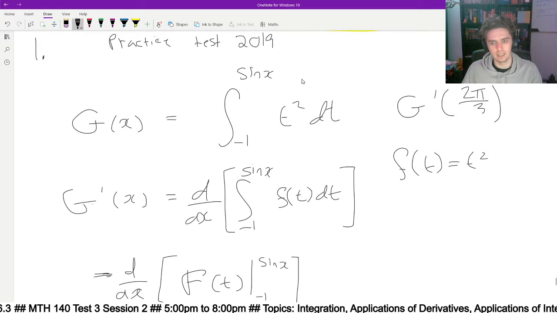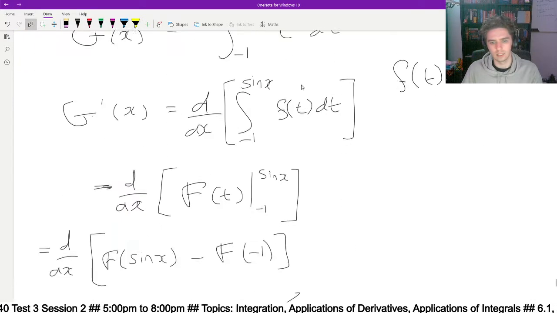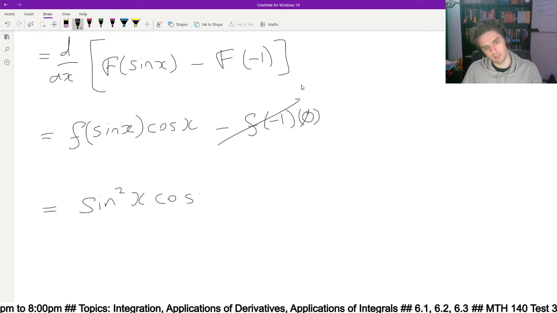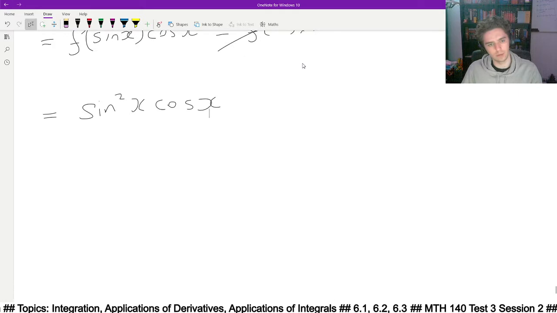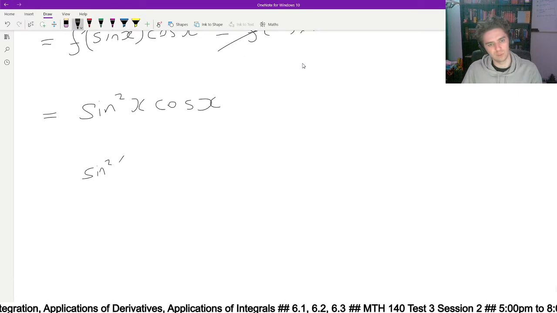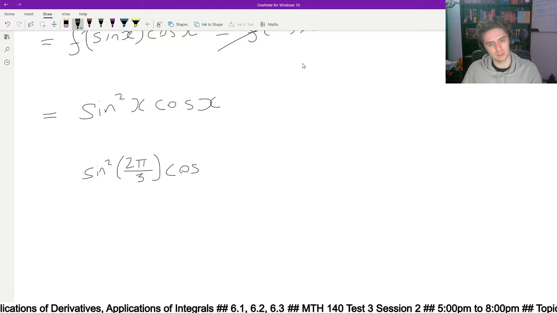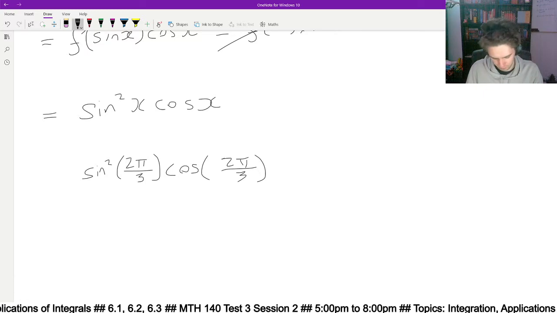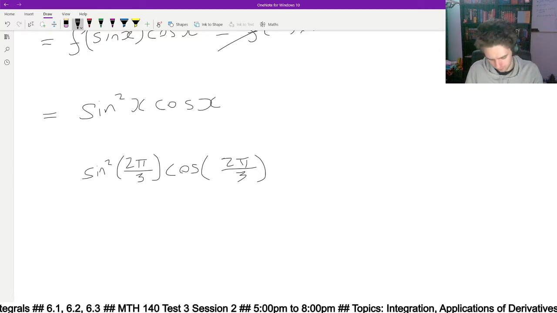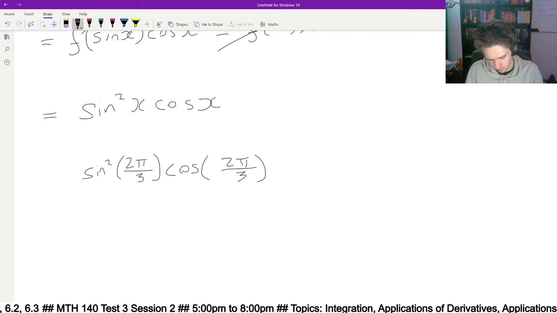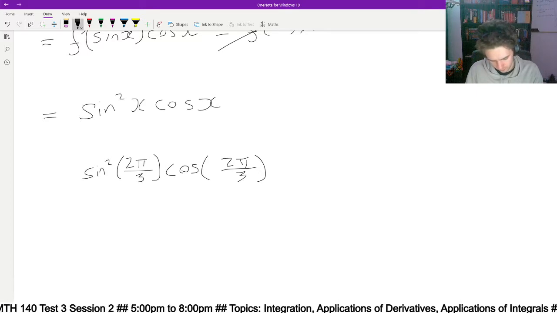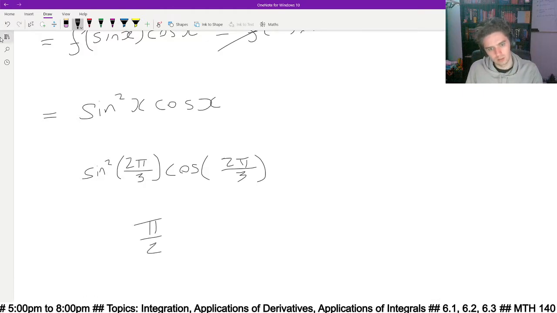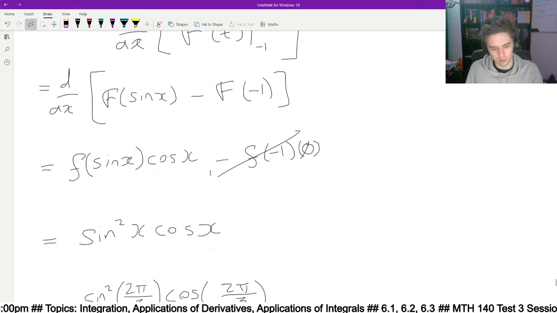Now we need f of sine x. So f of sine x is sine squared x. So sine squared x cos x. And then we want to evaluate at 2 pi over 3. So sine squared of 2 pi over 3 times cos of 2 pi over 3 is a half, or pi over 2, which is not the answer.